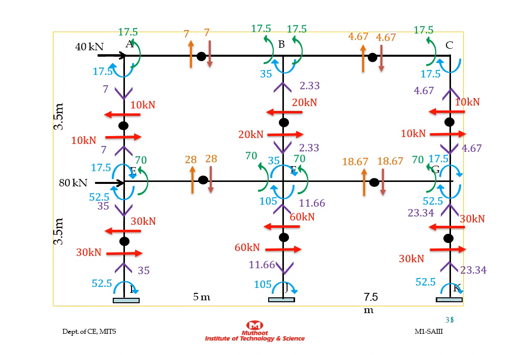Then the answer will be 11.66 acting in the downward direction. Then similarly, we can calculate the axial force or vertical loads in the other columns.